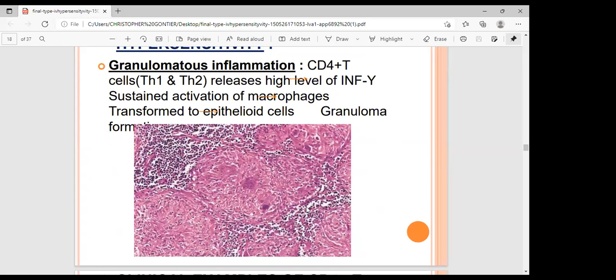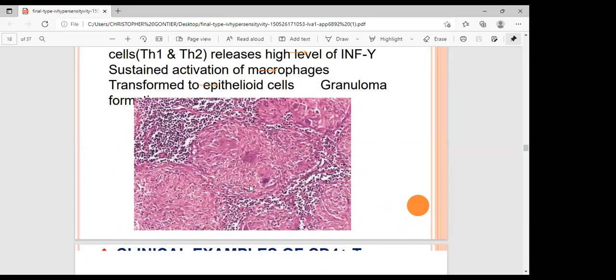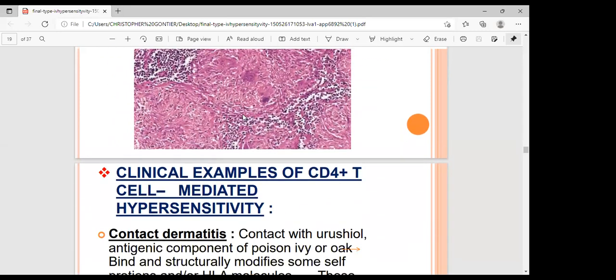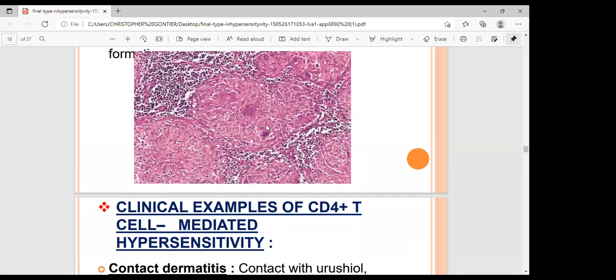You can see the mononuclear cells are all over here. These seem to be walled off by thin fibrous tissue. All of this is a plasma, I think a giant cell here, if I'm not wrong. Yeah, I think one.